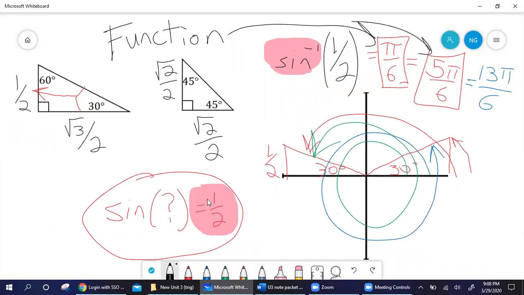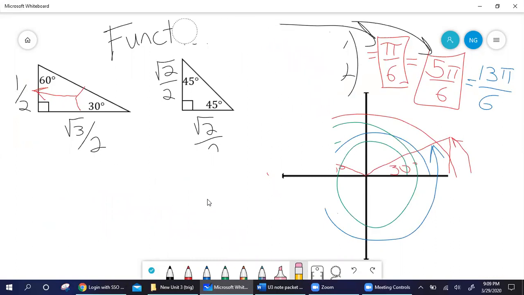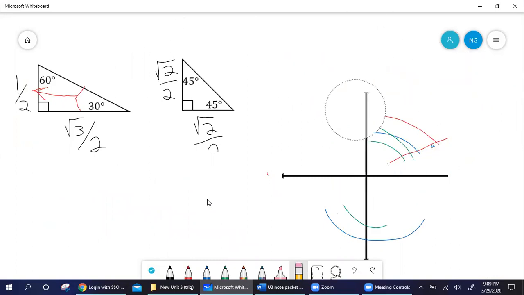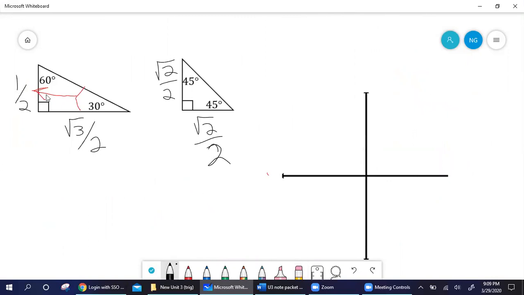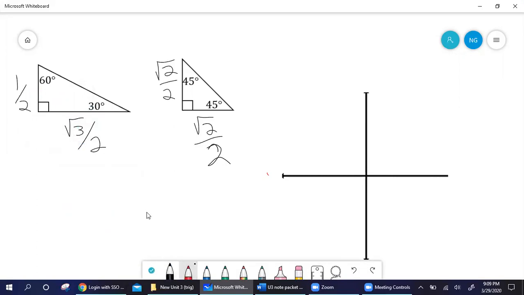The angle that has 1/2 for the adjacent is the 60-degree angle. So I know it's a 60-degree reference.